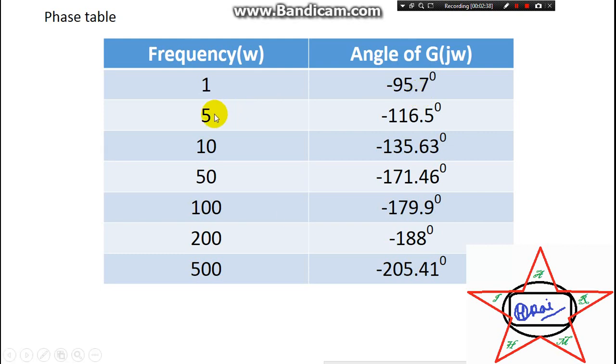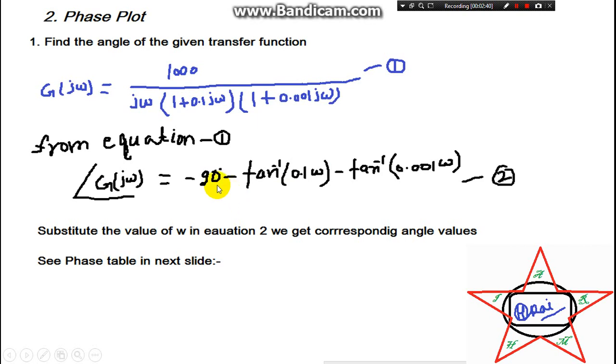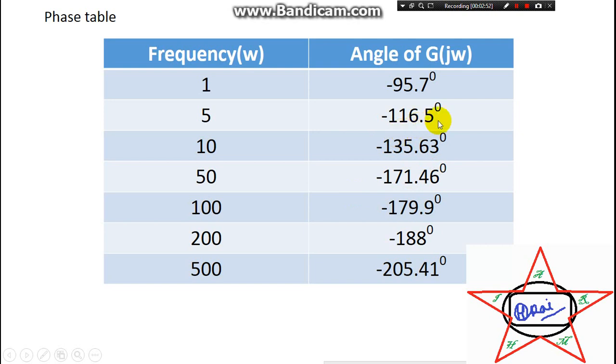Similarly, if we put 5, it will be minus 90 minus tan inverse of 0.1 into 5, minus tan inverse of 0.001 into 5, and we get minus 116.5 degrees. You may consider it 96 degrees, and this one 117 degrees. We put omega value 10, then we get 135.63 degrees, which you can consider 136 degrees.